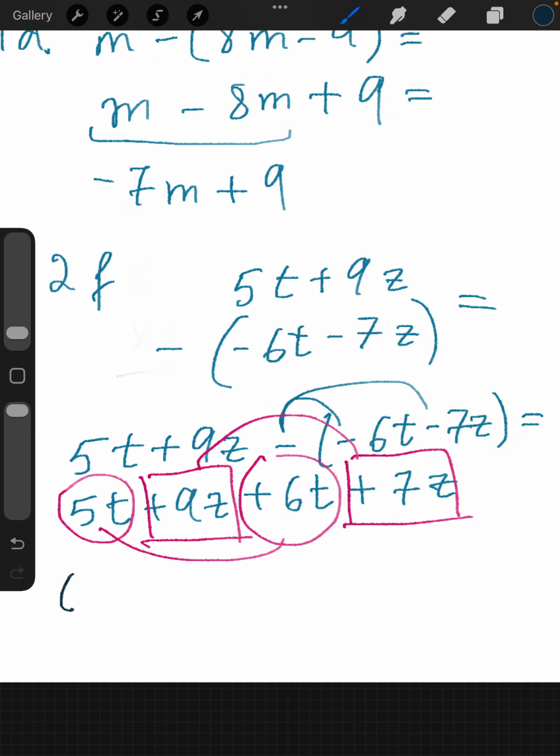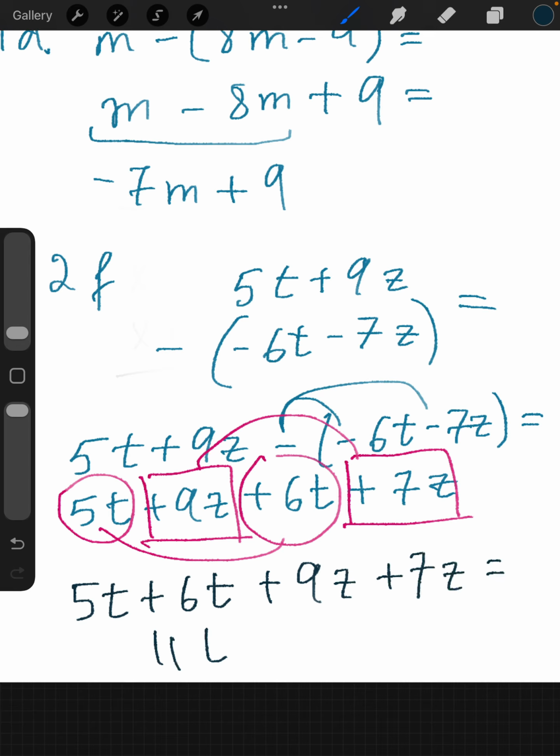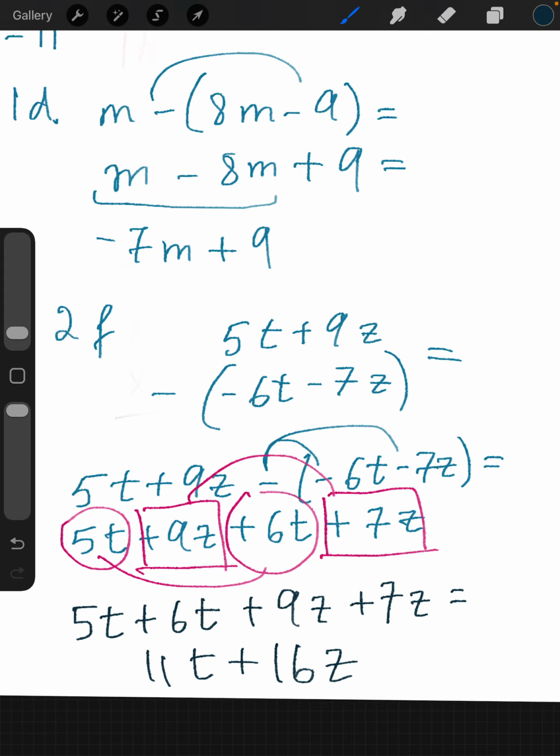All right, so we've got 5t plus 6t plus 9z plus 7z equals 11t plus 16z. And that's your solution for this example here.